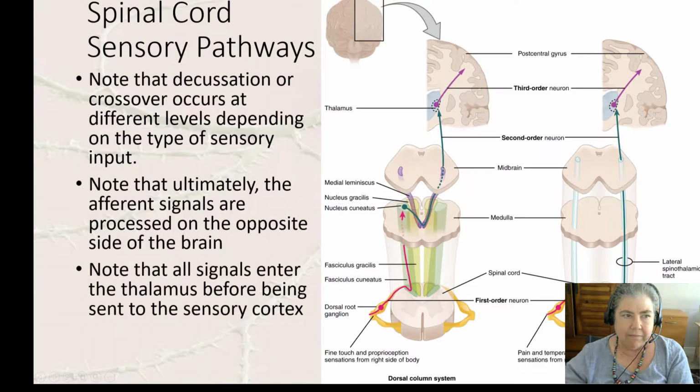Here we are showing the pathways that carry these signals. So remember that our primary neurons are in these dorsal root ganglia where the spinal nerves emerge. And signals enter from the right side of the body, and here we're going to talk about fine touch and position sense, proprioception.